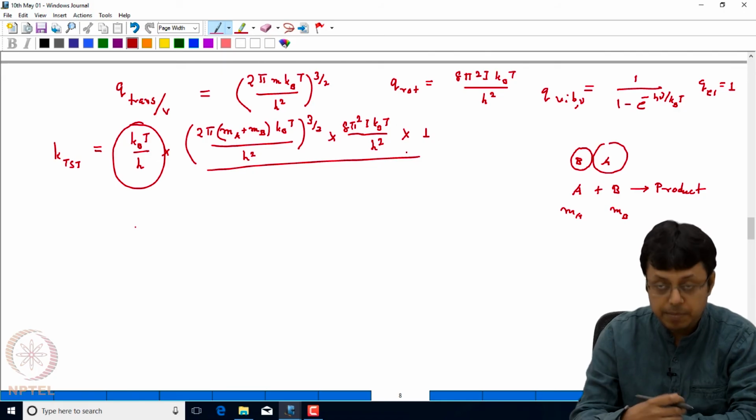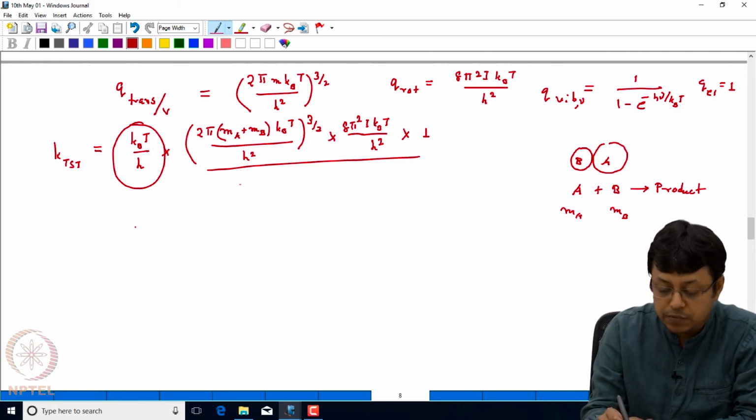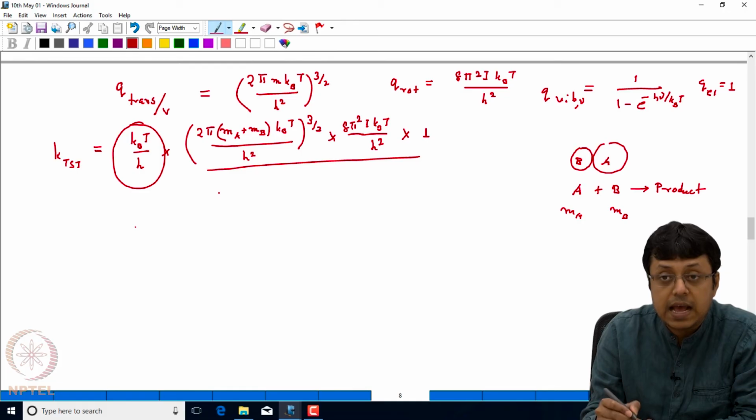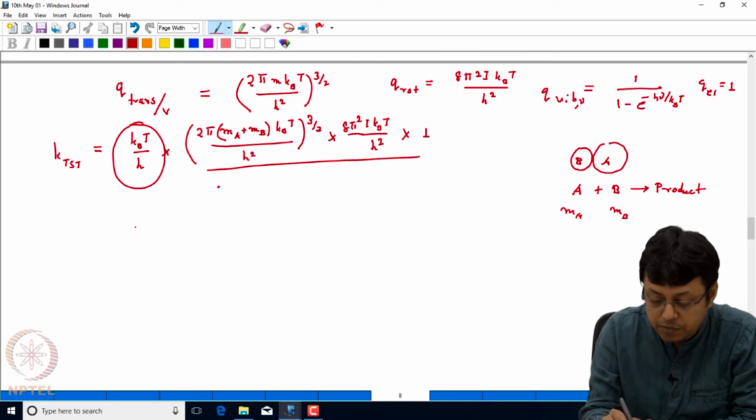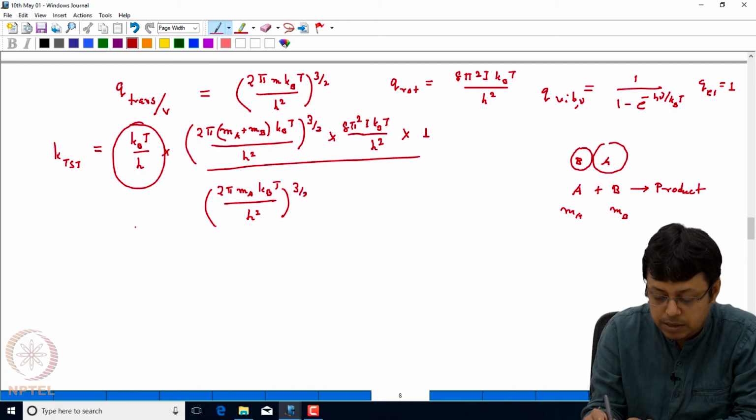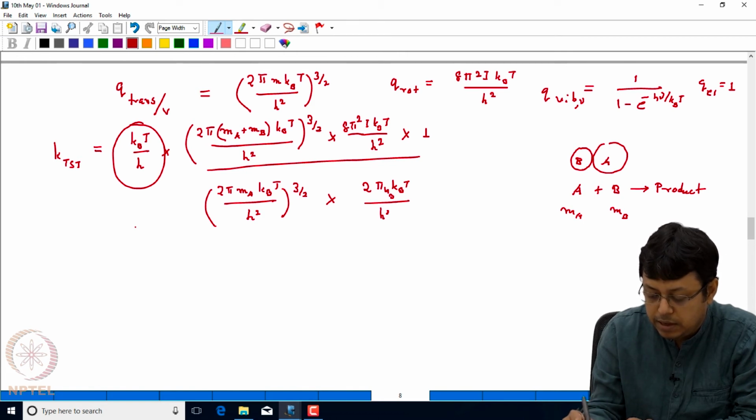partition functions per unit volume for the reactants. So first I'll write it for A. Now A has only translation and B also has a translation, because these are structureless atoms or molecules, the reactants. So for A we can write it as (2π Ma kBT divided by h²) raised to the power 3/2, and for B we can write (2π Mb kBT divided by h²) raised to the power 3/2.